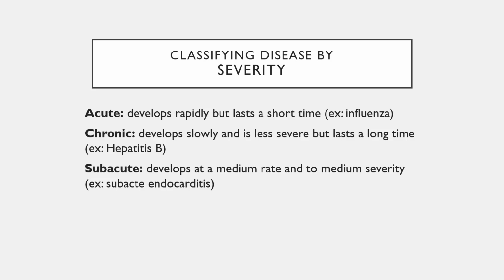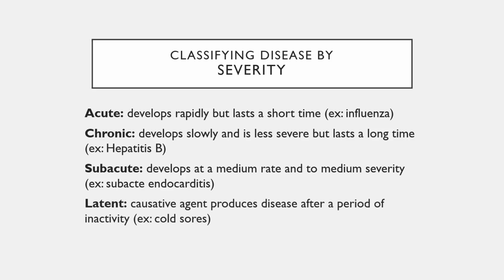It's not very often that you see diseases classified as subacute, but one example is subacute endocarditis, which is a form of infection of the endocardium of the heart, which develops to a medium severity and at a medium rate. A latent infection is an infection where the causative agent produces the disease after a period of inactivity.